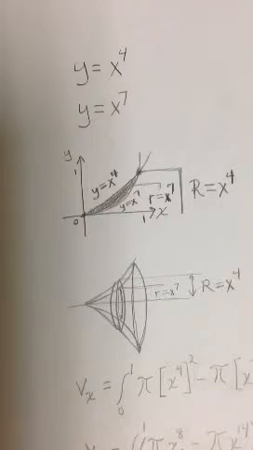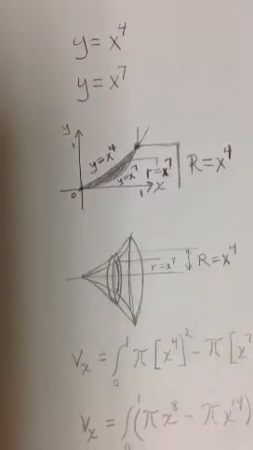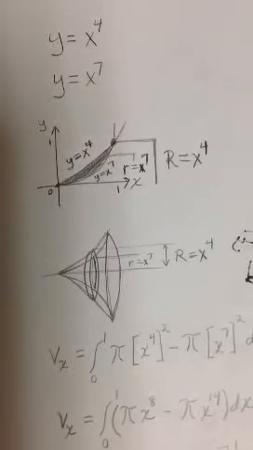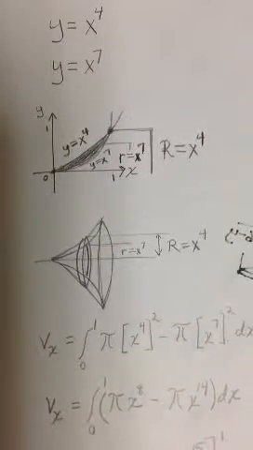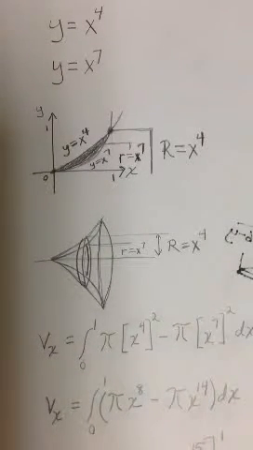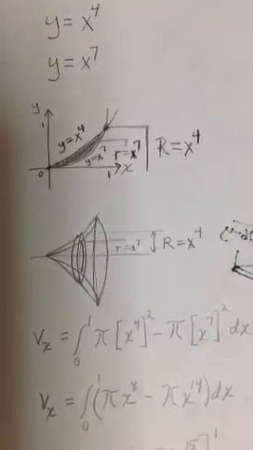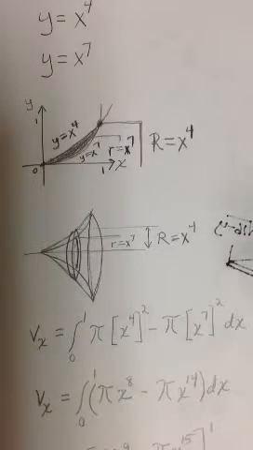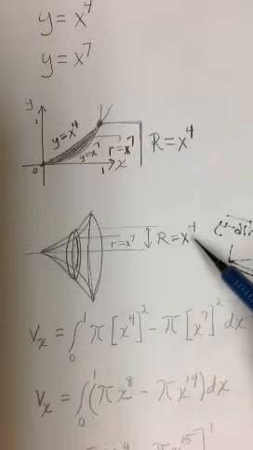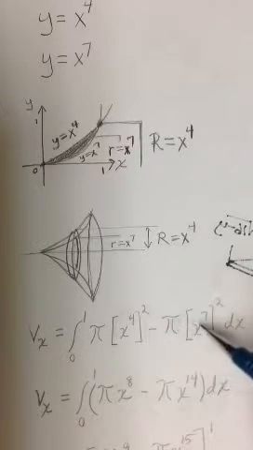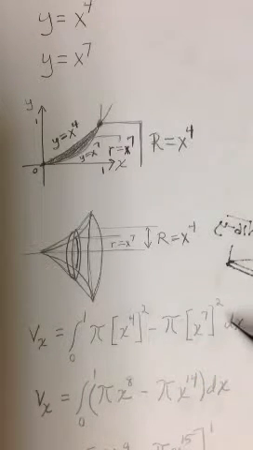And now for what we have in terms of integration in this particular setup, the volume generated about the x-axis is pi times the outside radius squared minus pi times the inside radius also squared, dx.